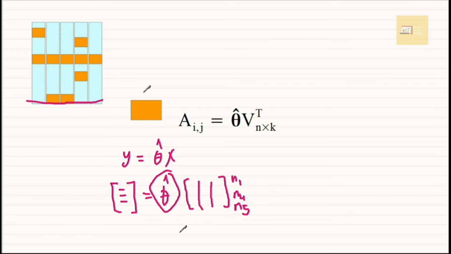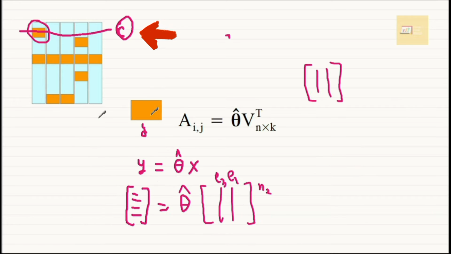So continuing our example, the trained theta coefficients would be an array of length 2 because we have 2 columns here, so 2 features. To reconstruct the missing values, we have to do a dot product between theta and the removed part of matrix V transpose. Okay, maybe I'll just write it as V transpose and A. If we have only one missing value in this observation, for example this one, where we want to impute the missing value from the first variable, theta would be an array of length 2.